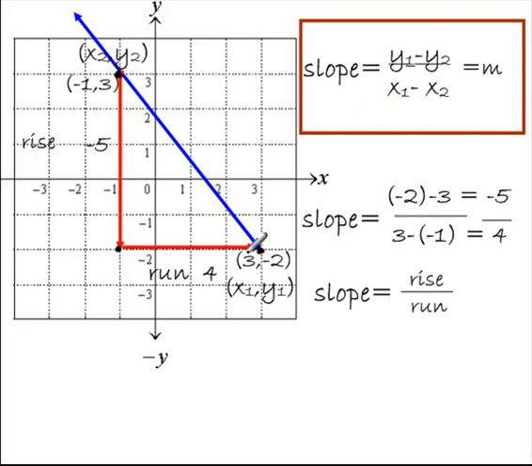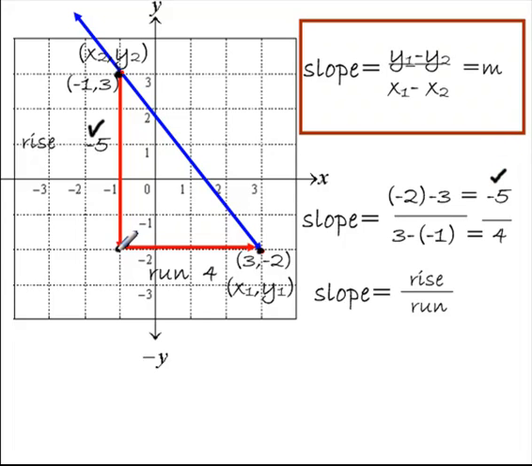Notice the arrow moved to the right until I actually got to the point 3, -2. So going down, that first motion going down, the rise would be 1, 2, 3, 4, 5, and since I'm going down, it would be -5. So that's why rise is -5.